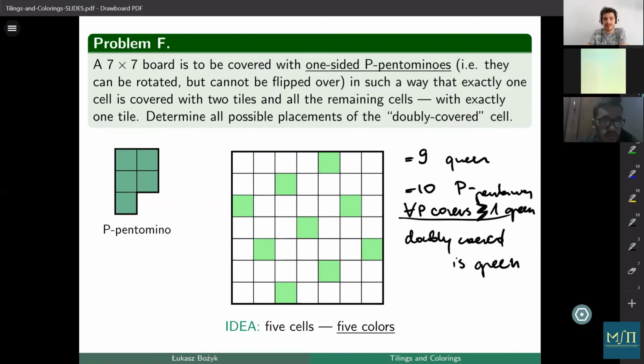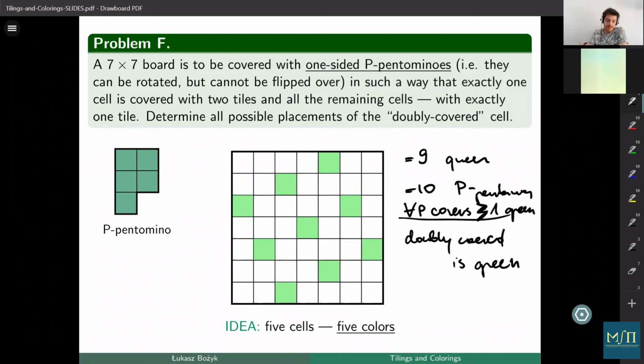This makes our argument even stronger somehow. So suppose we have 9 green cells, 10 P pentominoes, and we want each P pentomino to cover at least 1 green cell. Then 10 would cover at least 10 green squares, right? So the one covered twice should be green as well. And we have an extra conclusion that no P pentomino in the proper tiling should cover more than 1 green, right?